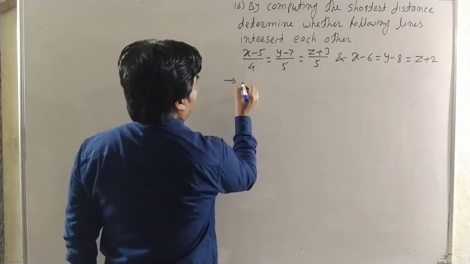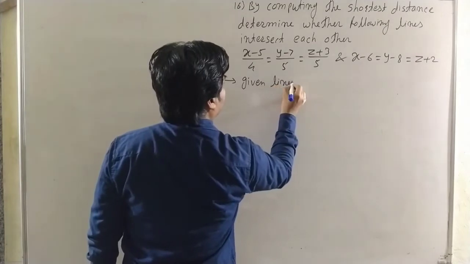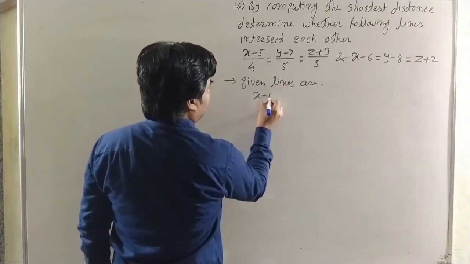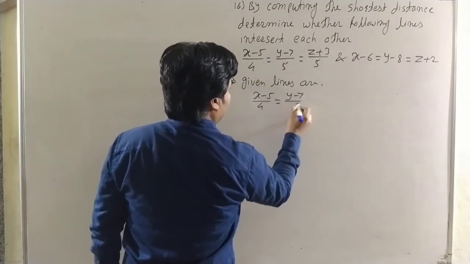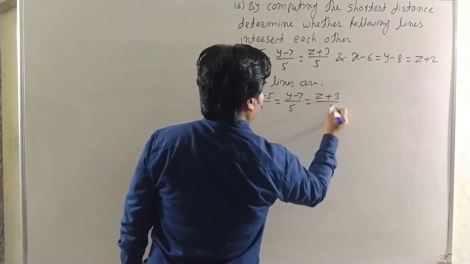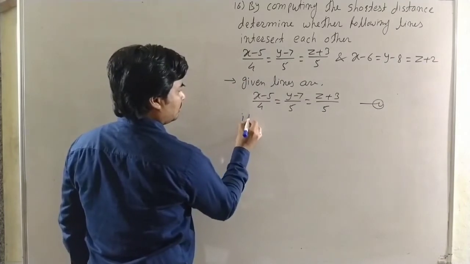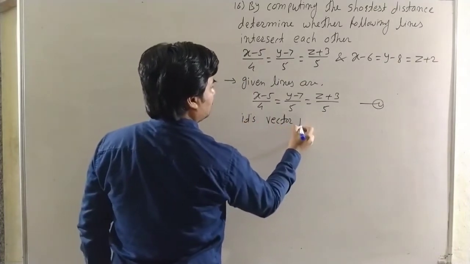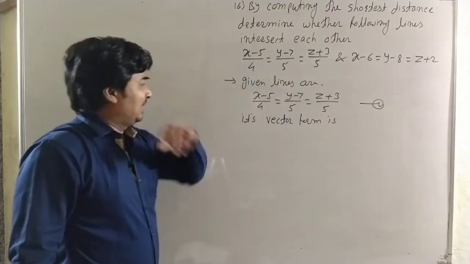The given line is (x minus 5)/4 is equal to (y minus 7)/5 is equal to (z plus 3)/5. This is equation number 1. See carefully, its vector form.